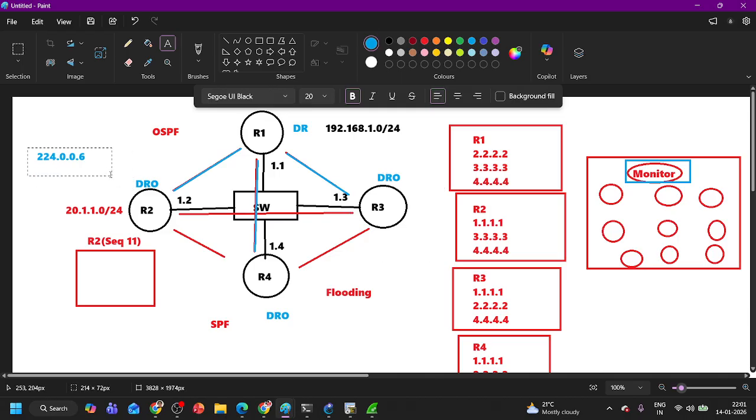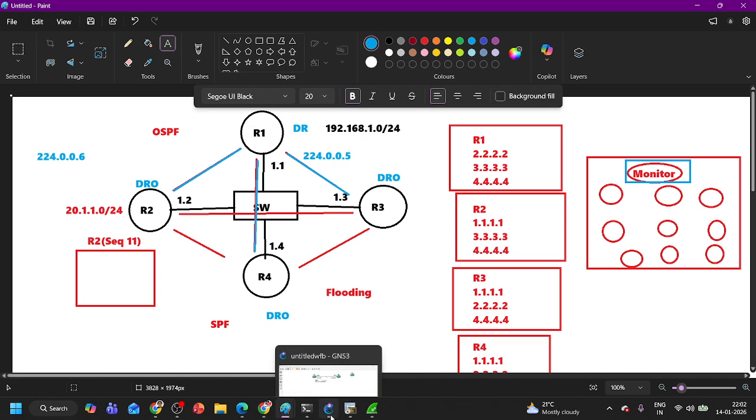So all DR other routers will send their update message on this address, and then the DR router will send on 224.0.0.5, because all other DR other routers are listening on this address, correct? So DR other router sends update message on .6 and DR router sends update message on .5. That's why I said 224.0.0.5 is listened by all OSPF routers, but 224.0.0.6 is listened by DR and BDR only.